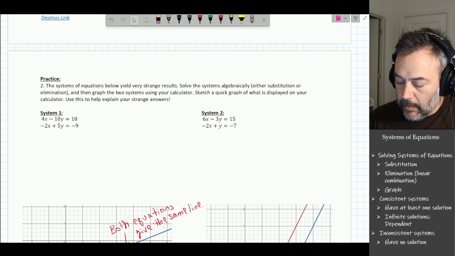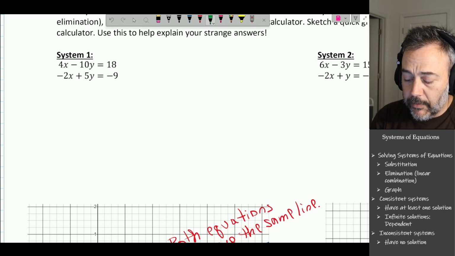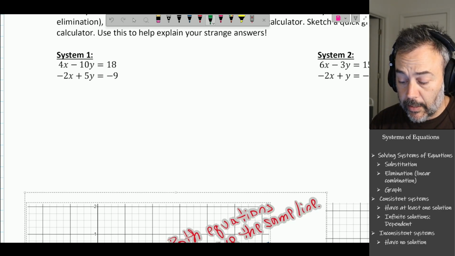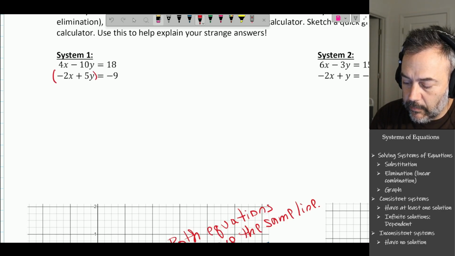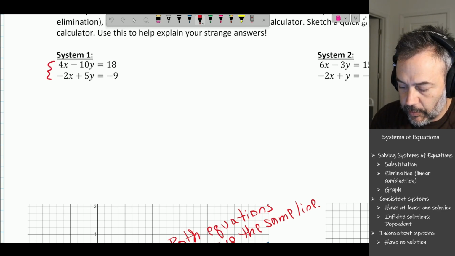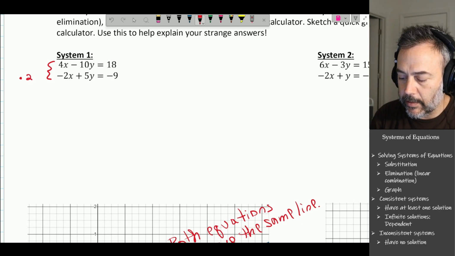All right, here is a system, and if we solve this by linear combination, again, multiple ways we can do this. We can multiply both sides of equation number 2 by 2. So I'll just put times 2 on the second equation.